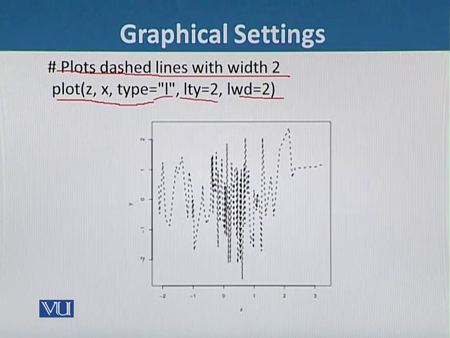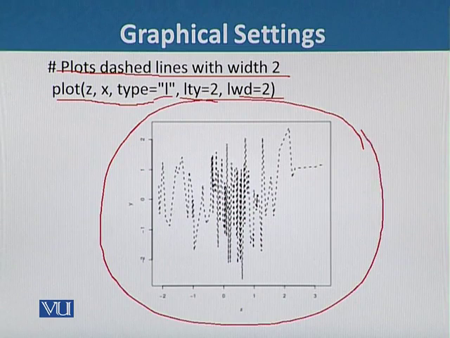If we give this command, a plot will be generated with dashed lines. We can see the dashed lines here, and the width and line type are 2, as we have mentioned.